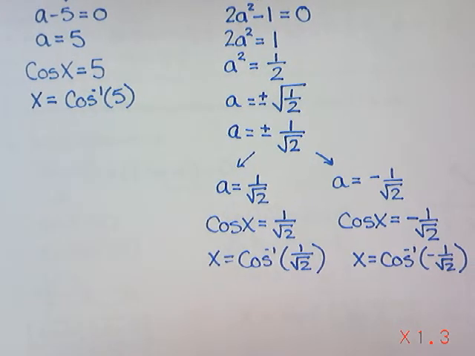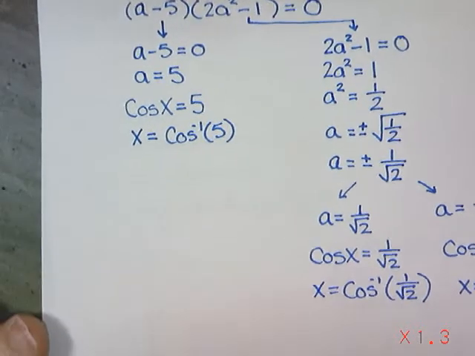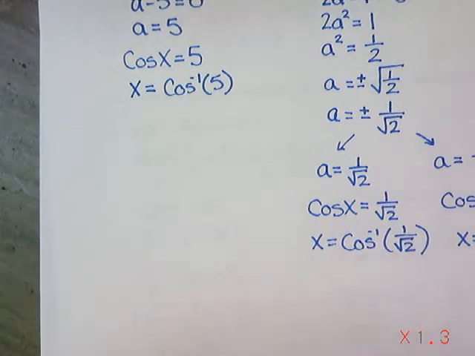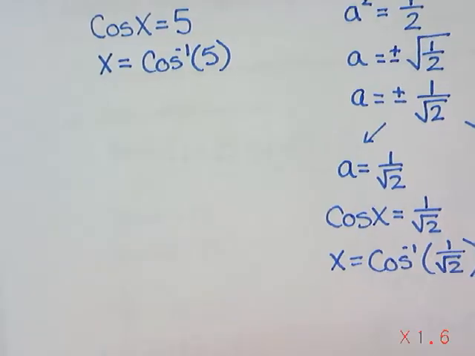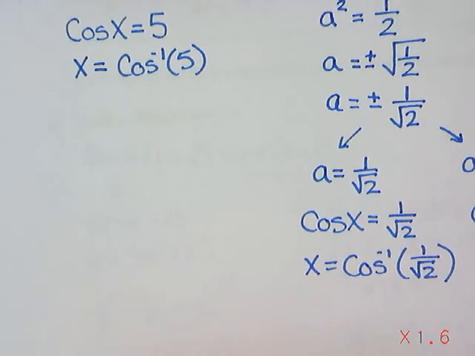Okay, so for each of these, we're going to go through and try to solve either by looking at the graph or by using a special triangle. So we're going to start with our inverse cosine of 5. I'm going to zoom in a little for this one. I have x equals the inverse cosine of 5.